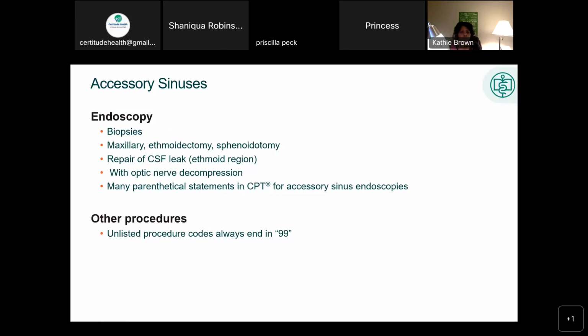So look at, again, page 222 in that illustration under sinus endoscopy. We have a maxillary sinus, an ethmoid sinus, a sphenoid sinus, which, you know, when you have a sinus infection, sometimes you feel like you could be, I won't say near death, but it can be pretty rough.